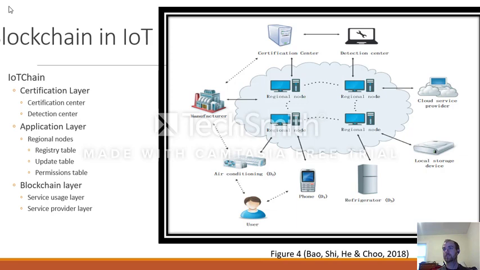And at the blockchain layer, that's where the actual users and the devices and the service providers are. So this allows for securely updating IoT devices and limiting access to those devices.